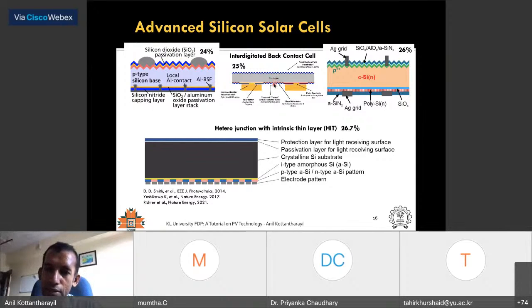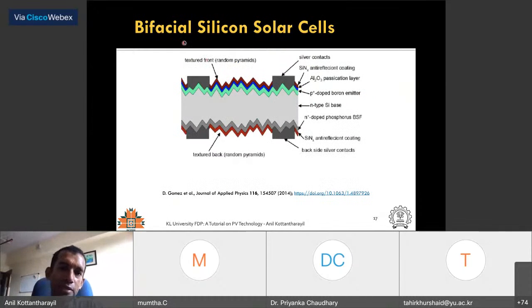But usually the device design requires that these contacts are closely spaced, so there's hardly any space in between. But this one, for example, provides an option where you can actually let the light in through the backside between these two contacts. So such solar cells are called bifacial solar cells.